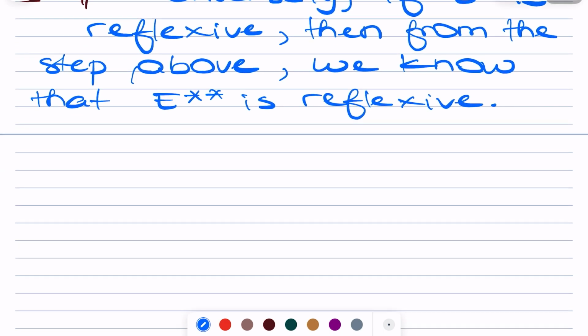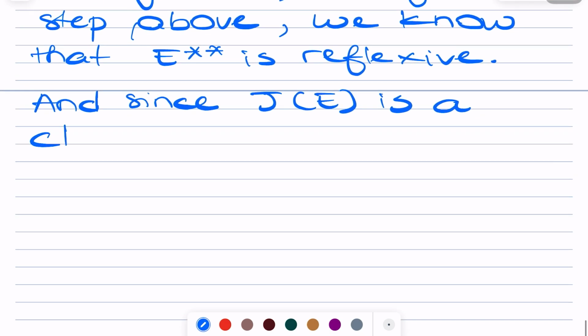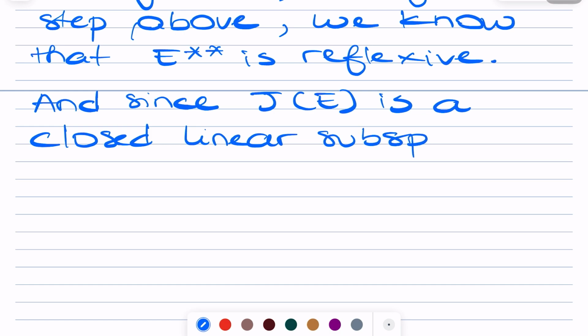So, and since the image of E through J is a closed linear subspace of the bidual.